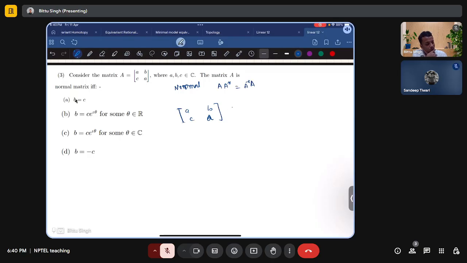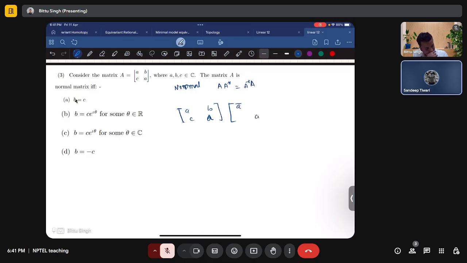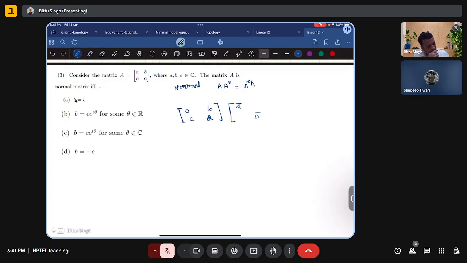So this is A, and what about A star? A star means the conjugate transpose. We need to take the conjugate of B and switch the places, and similarly the conjugate of C and switch the places. So this is if and only if this.